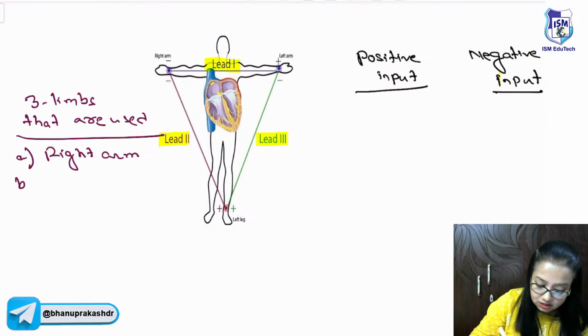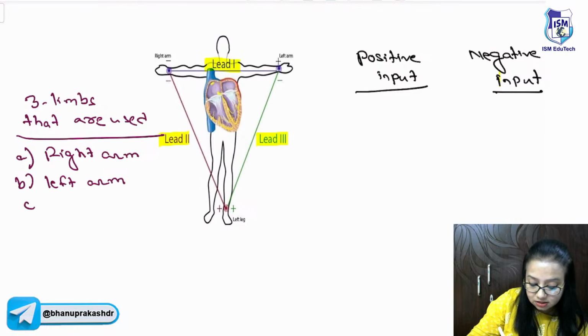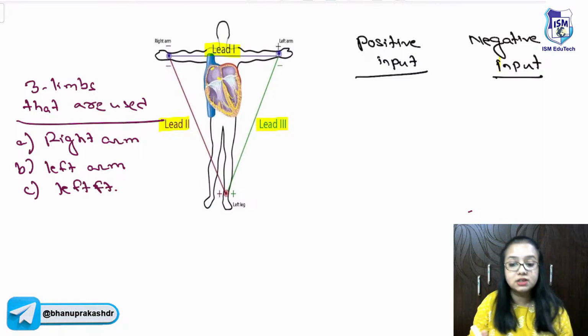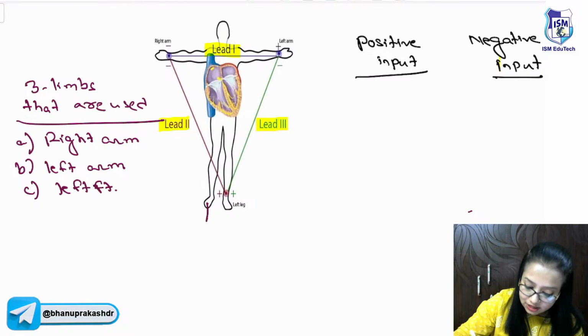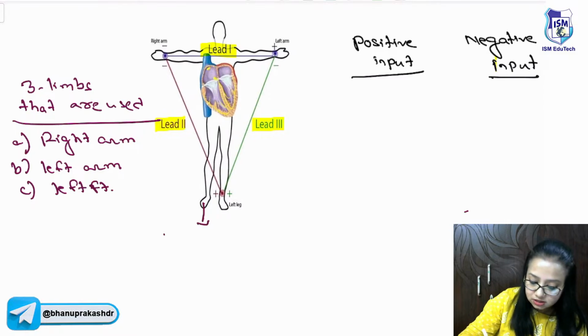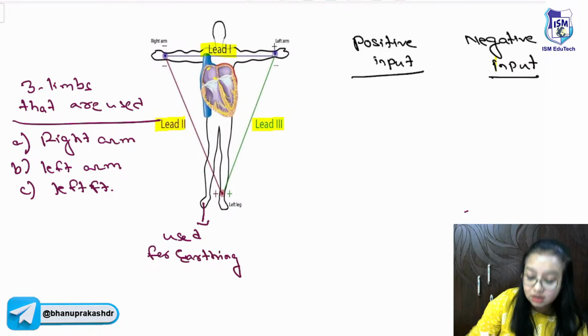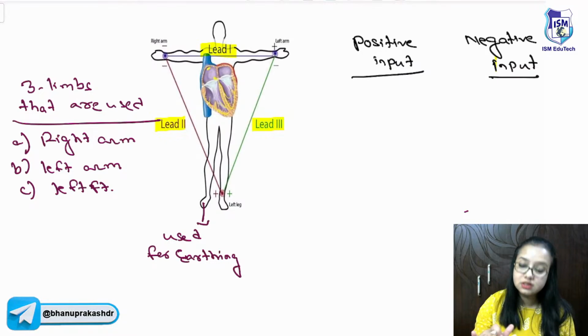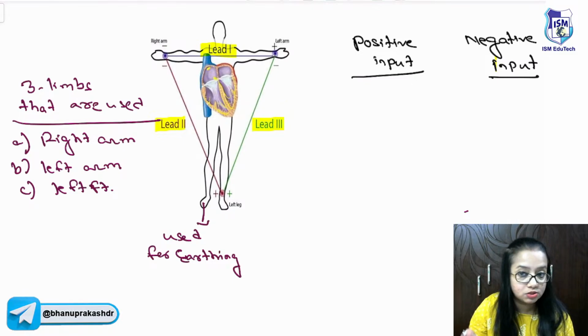Then you have the other one, that is the left arm, and third, you have the left foot. Then what is the right foot used as? The right foot is used for earthing because electric impulse is going to get conducted. So this right foot is used for earthing. Okay. No electrodes are connected to the right foot.